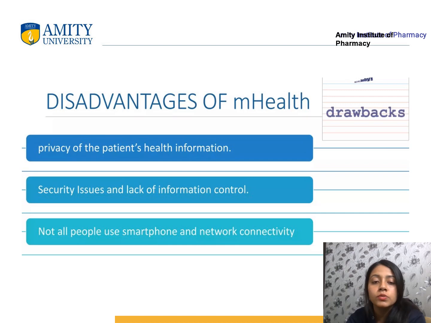Not all people use smartphones and network connectivity because some people in remote areas are not using phones. It is also complicated for some people. Security issues, like it can use your personal data, and privacy also.